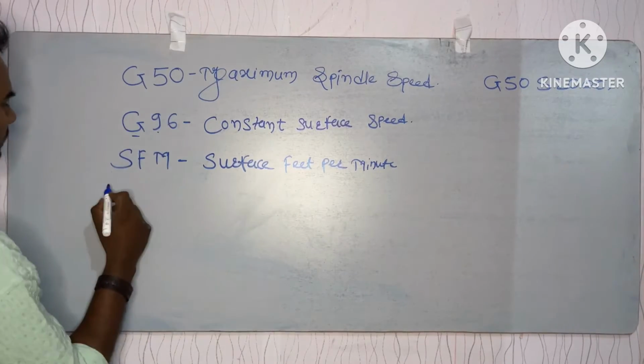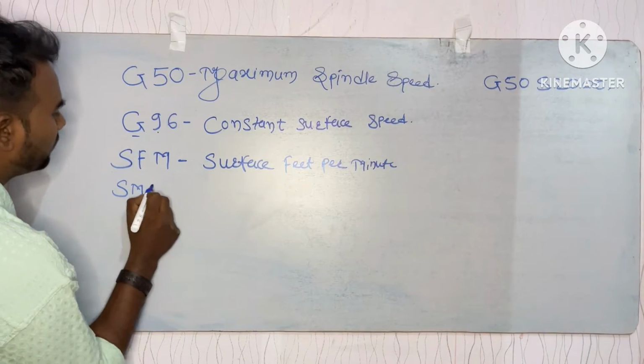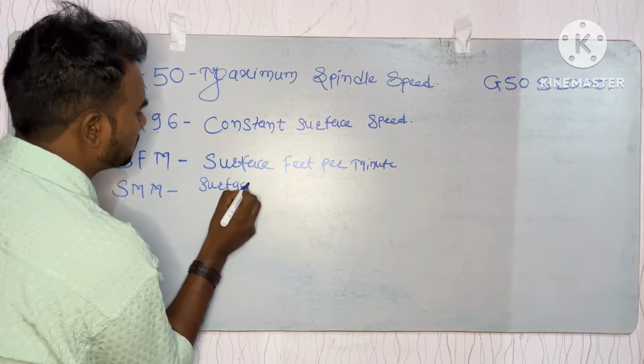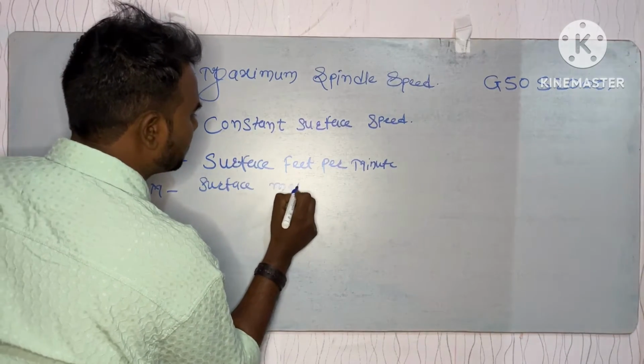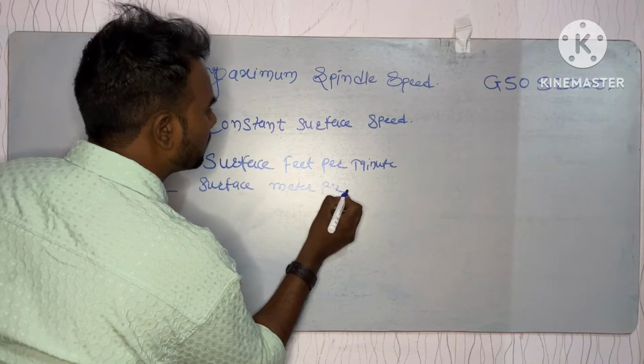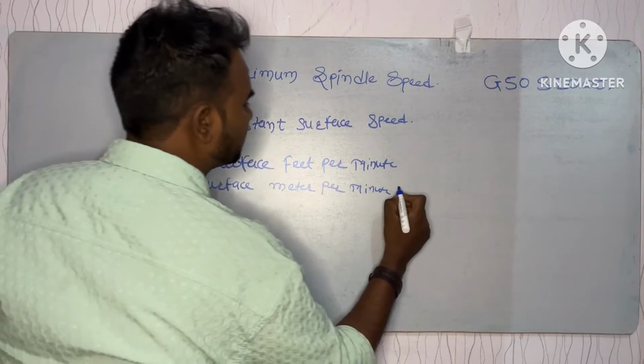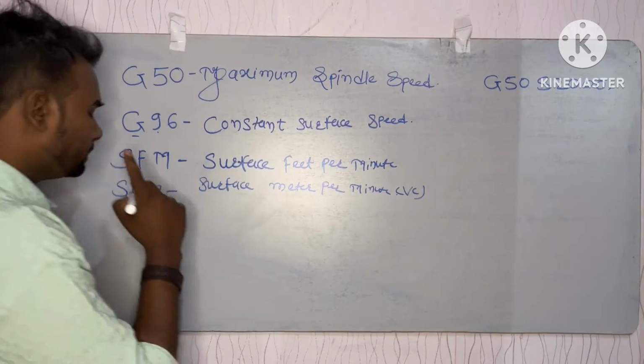The second one is SMM, surface meter per minute, or simply VC.